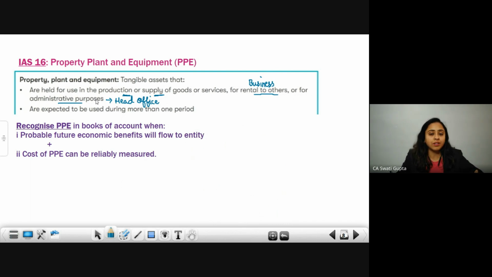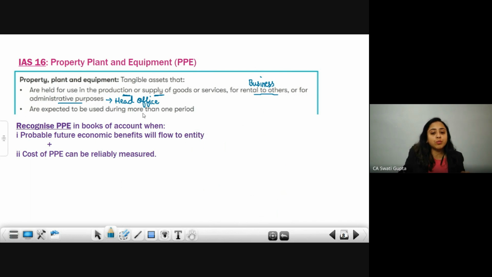You are making sure everything is in the right place, the allocations, funds, everything, accounts are being managed. If that asset is being used for the administrative purpose, then also it will be classified under property, plant and equipment. You have to record it in the books as an asset as per IAS 16. A quick thumbs up. Are we clear for this definition?